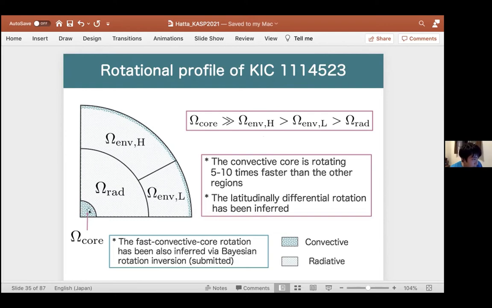We also found the convecting core is rotating very fast. This has also been inferred by the Bayesian rotation inversion recently developed by us, and it's submitted. But now we have very severe comments from the referee, so maybe we have to reanalyze the part. But yeah, we can confirm the part with a different scheme.